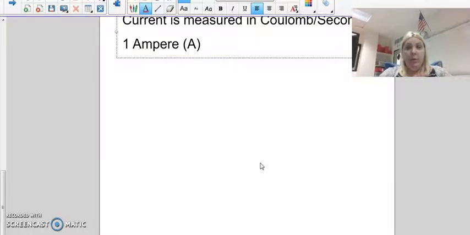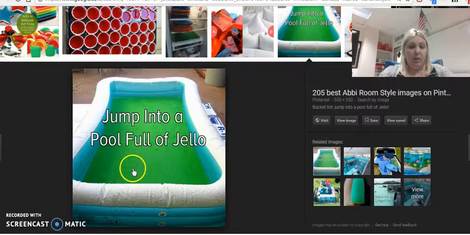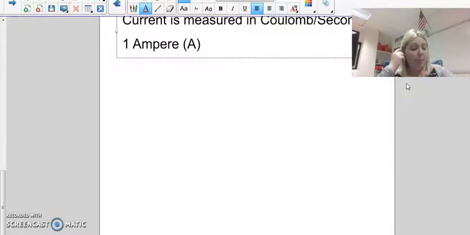Now, it was very easy to walk because there is really nothing stopping you from doing so. Now, imagine our classroom was full of jello, kind of like this pool, okay? And you have to walk through that. Now, imagine you are applying exactly the same effort. Are you going to go faster or slower? Well, of course you're going to go slower because of the friction, right? Jello is stopping you from moving fast.